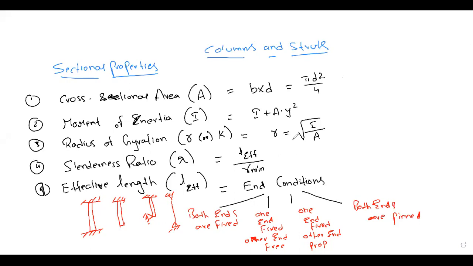So how to decide that? Let's see here. Radius of gyration R is root of I by A. So your radius of gyration is directly proportional to moment of inertia.